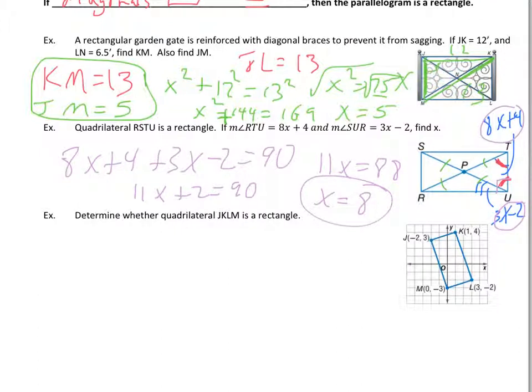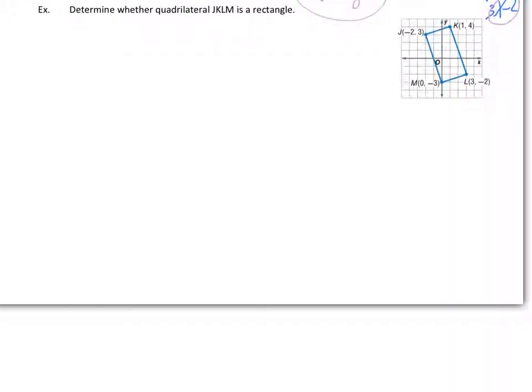The next question, one of the more difficult ones, there's a couple ways we could solve this. One way would be to determine whether this quadrilateral is a rectangle. First of all, we don't know whether or not it's a parallelogram, so we kind of have to prove it's a parallelogram first. And then it would be a rectangle if all four angles were 90 degrees.